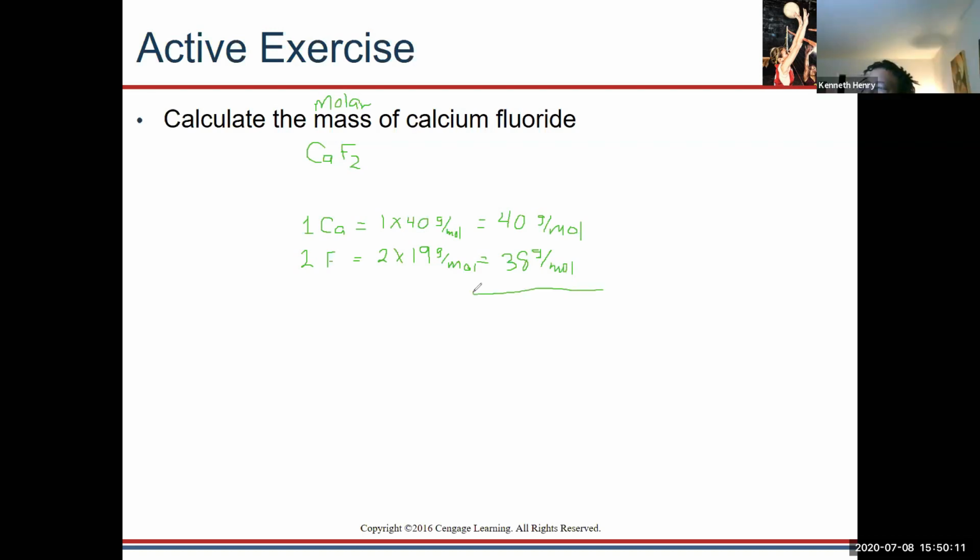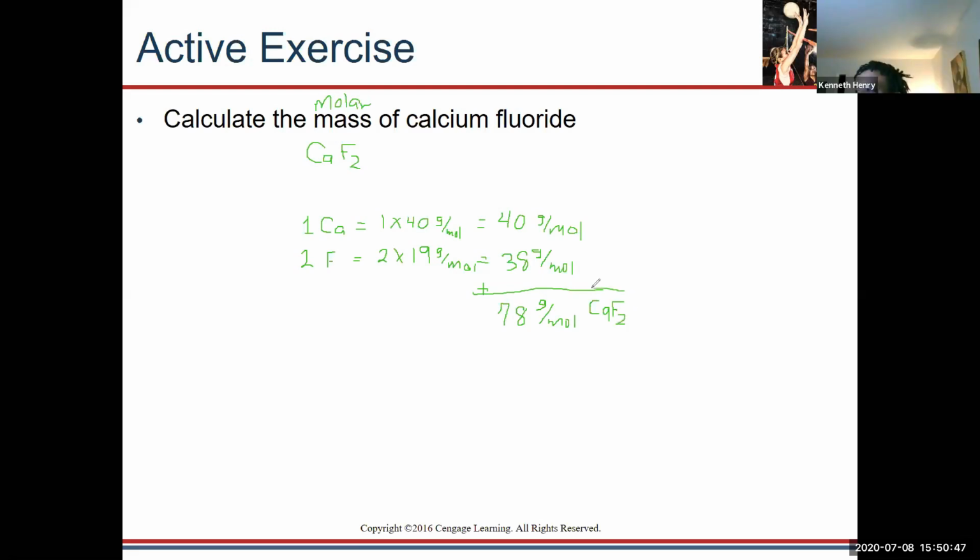So we add them together, and the molar mass of my compound is going to be what? 78.078. What are the units? Grams per mole. So we can leave it at 78. That'll be good. Oh, so we don't have to add the additional 0.07? Yeah, because it's 0.07, right? Piece of cake. And to be exact.